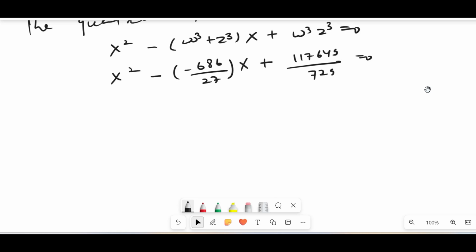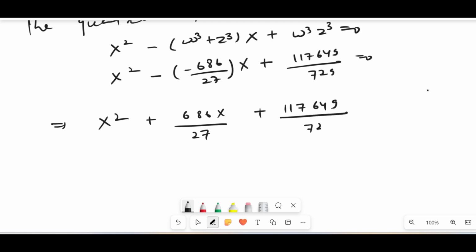So now further we can write here capital X square plus 686x over 27 plus 117,649 over 729 is equal to 0.